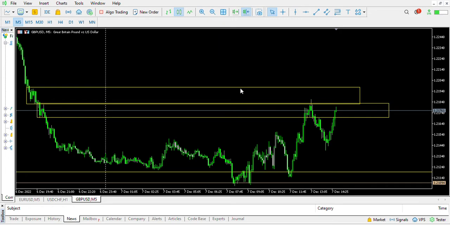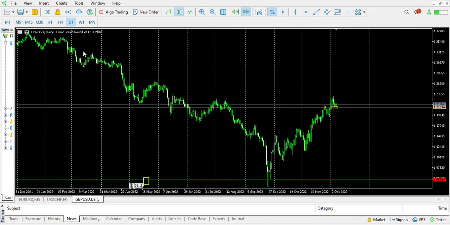I hope this is useful for you. If you swing trade, or if you like to get in the move and just let it run, this is a good way to read the charts using supply and demand. On a higher time frame, you can see what's going on.